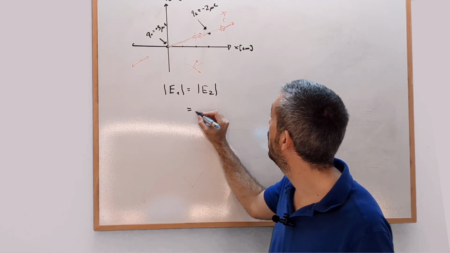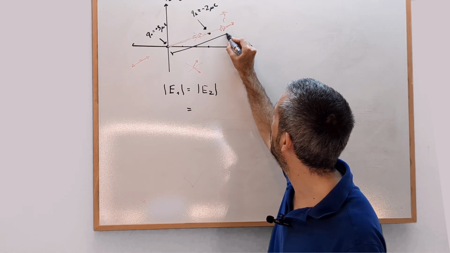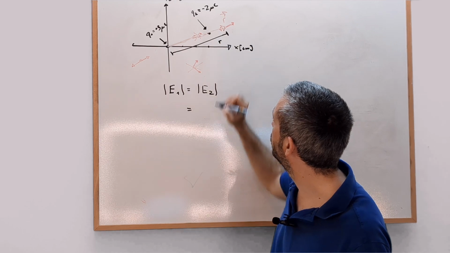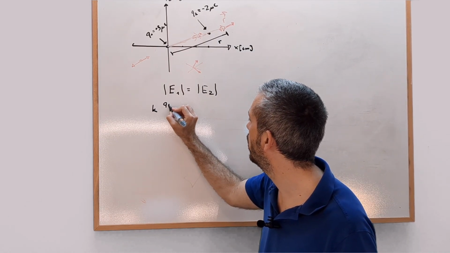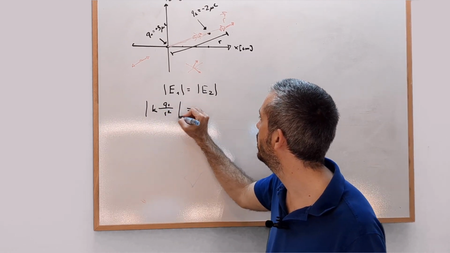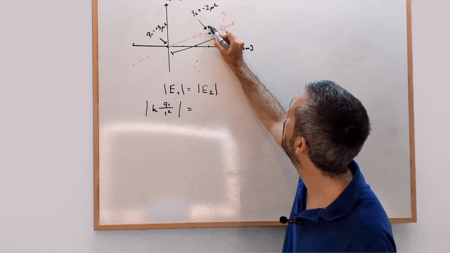I'm going to call the distance from Q1 R. So I have kQ1 over R squared, absolute bar of this, is equal to, now what's my distance from this one?